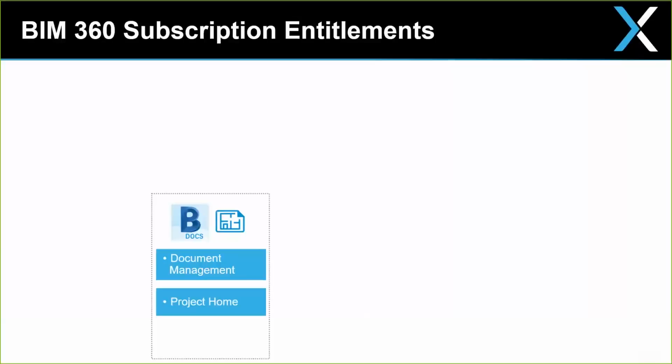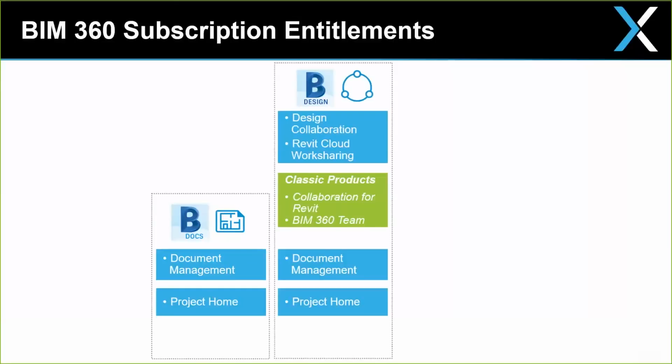It's a bit of clarity as well, because coming from the classic mode, obviously you can't buy the classic products anymore. You have to go down the Nextgen. But looking at this, you can buy Docs on its own, which is document management, and get the project home. You can buy Design, which is going to give you the design collaboration.